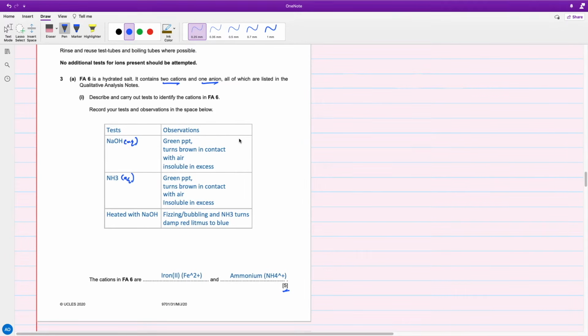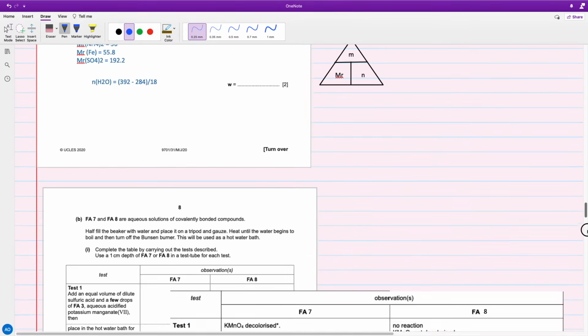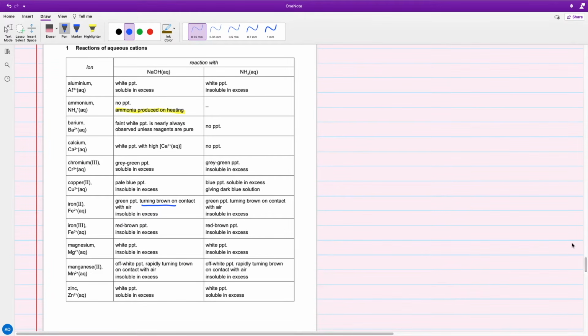That is actually a unique answer, so you don't even need to do this, which saves you time. If you go to the qualitative analysis sheet, right here, green precipitate turns brown. Like, for example, the white precipitate, you might not know for sure, but the iron is pretty clear, so you use that.